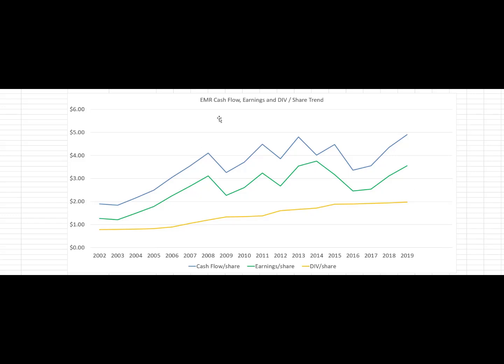So here you can see the cash flow, earnings, and dividend per share trends. They are all generally up, but here you can see the zigzag shows us that they had some negative years with the cash flow per share and the earnings per share, but dividends per share was pretty much on a positive trend with no negative zigzags in there.